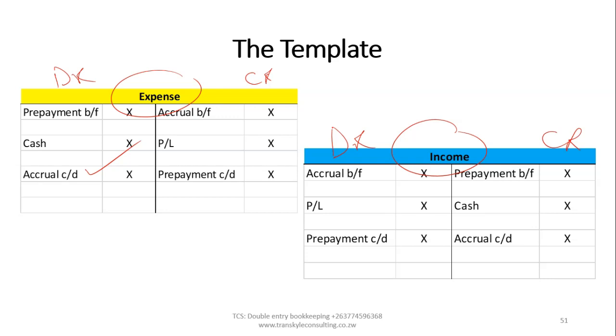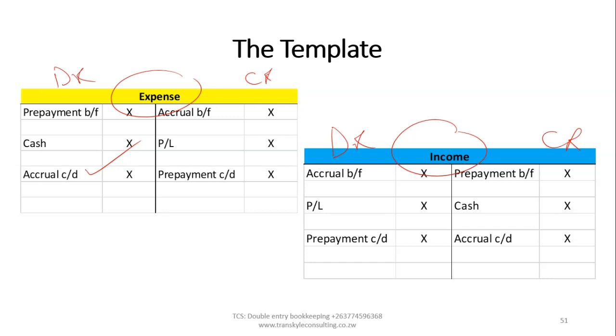Then on the credit side of the expense account, you have the accrual as the balance brought forward, and then the profit or loss transfer on the credit side as well. Then you should have a closing prepayment on the credit side.